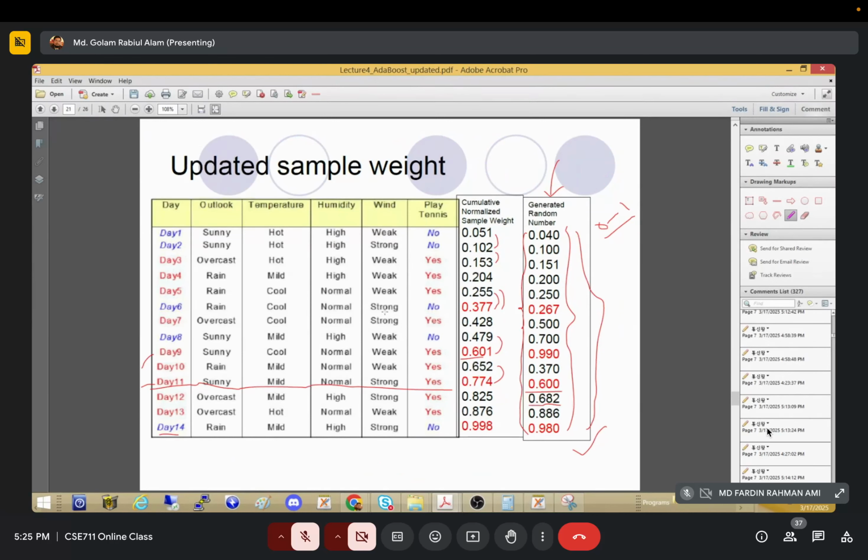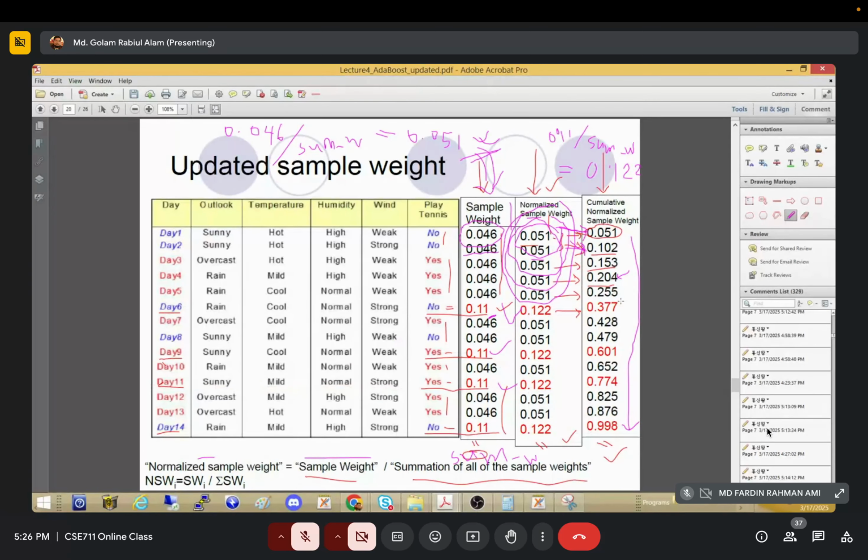Okay, now the next thing is, we got the cumulative normalized sample weight. Here are these values from the previous last step.